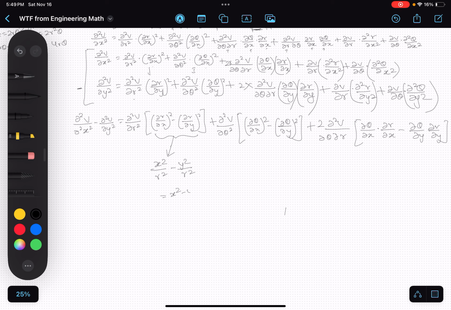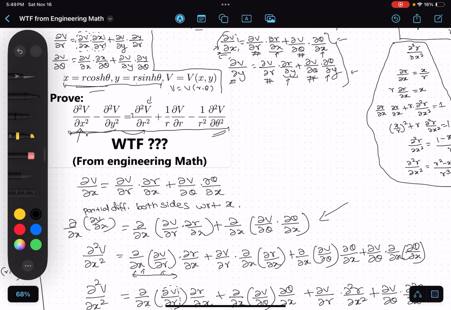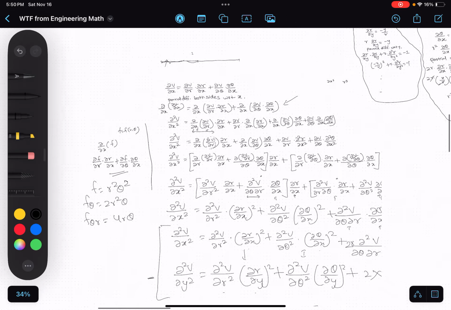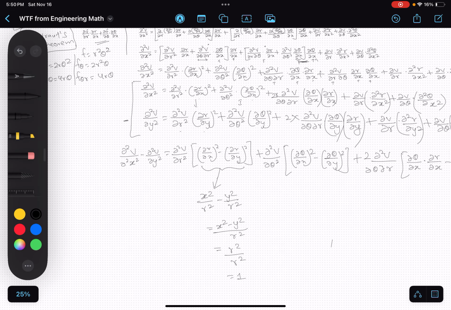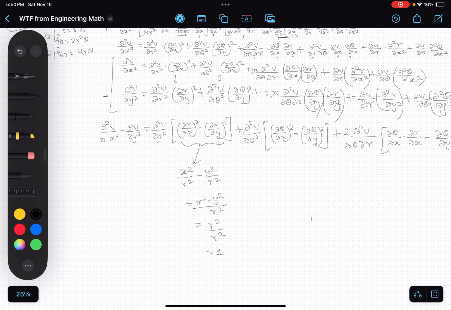So x square minus y square by r square, and we know this is just r square, so r square by r square, which is 1. So over here this goes to 1, and that's why the coefficient of partial square v by partial r square is just 1. You see that we are already getting the answer. In this difference, the coefficient is 1, which we already saw over here, and that's already happening over here. So yeah, we are on a good track, right?